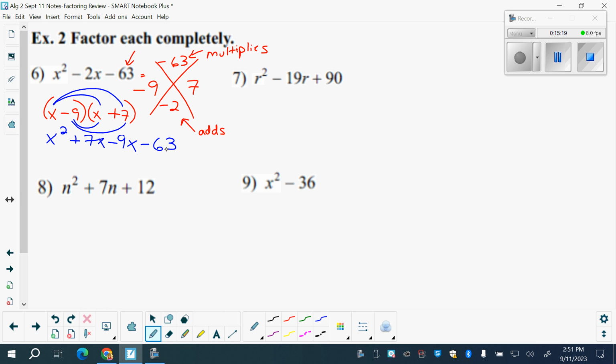We added our like terms. Notice you get back up to the original. So when you've got that x squared and an x, you can use this big X to organize your information to see what these two expressions would be. I'm going to erase this because our answer is just what's in the red there.